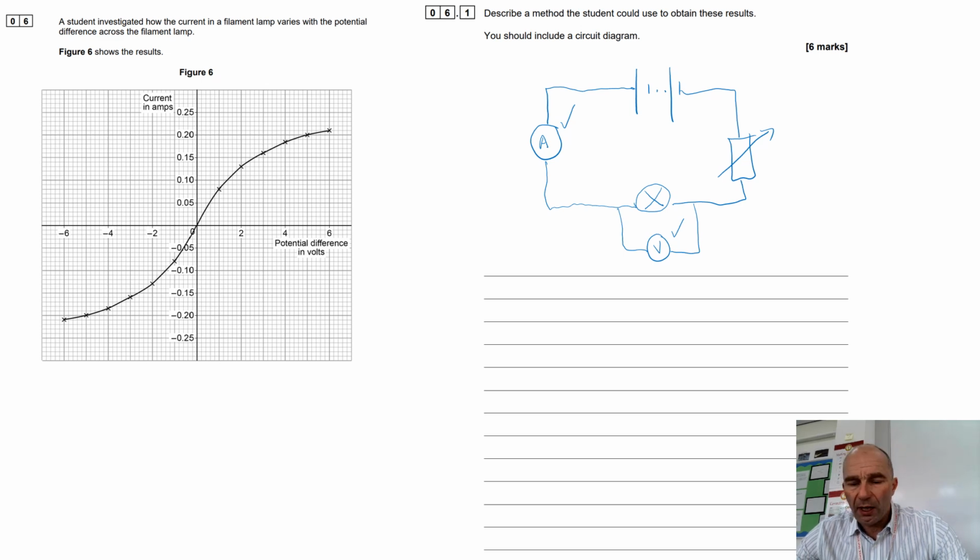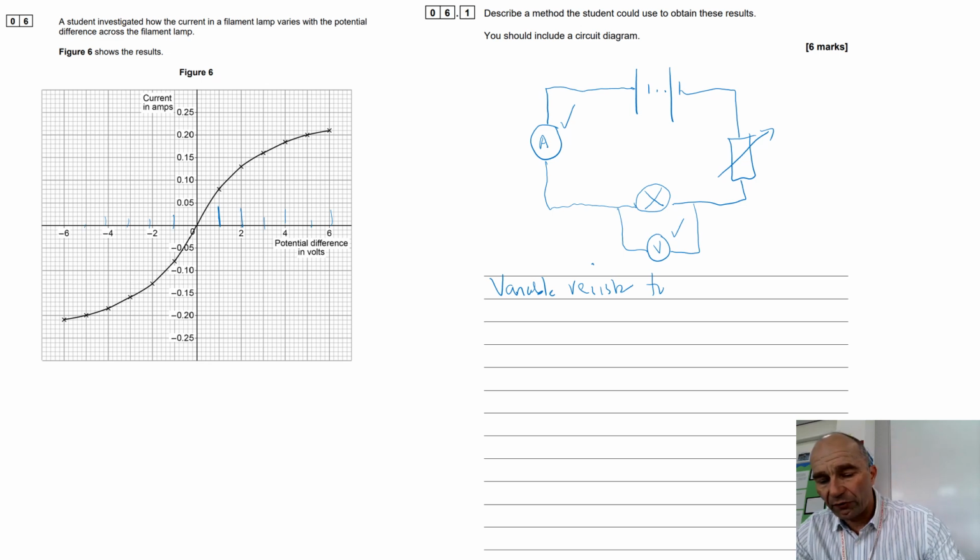Now, we need to talk about how the variable resistor would be used to help us vary the current and the potential difference in our circuit. Now, if you look at the graph, we've got readings at 1 volt, 2, 3, 4, 5 and 6 volts, and we've also got -1, -2, -3, -4, -5, -6.